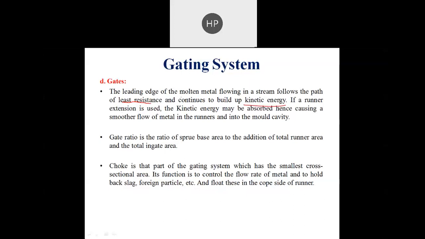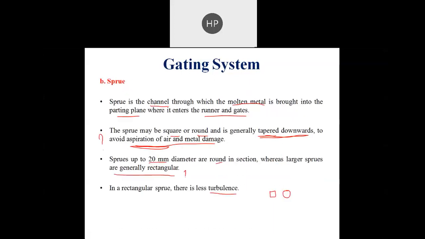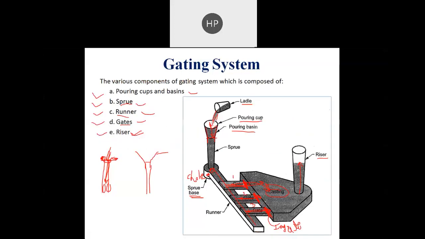The leading edge of the molten metal flowing in the stream follows the path of least resistance. It means if we consider over here that we start the molten metal pouring from here, then the leading edge of the molten metal should flow without resistance.